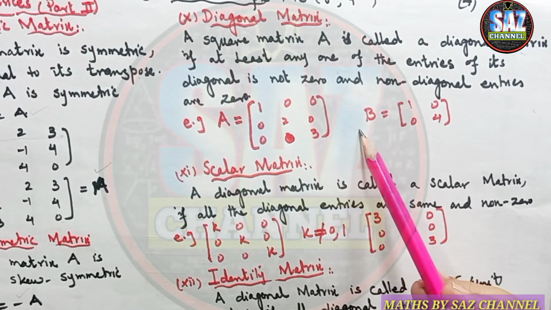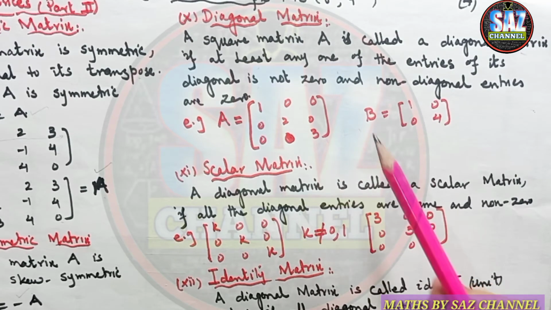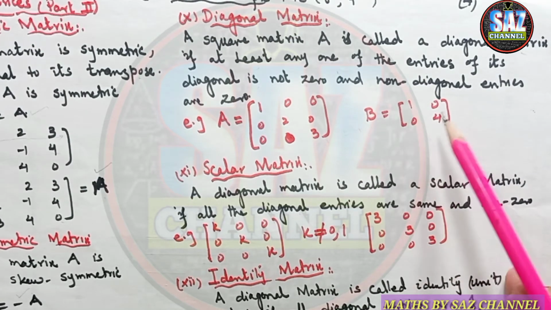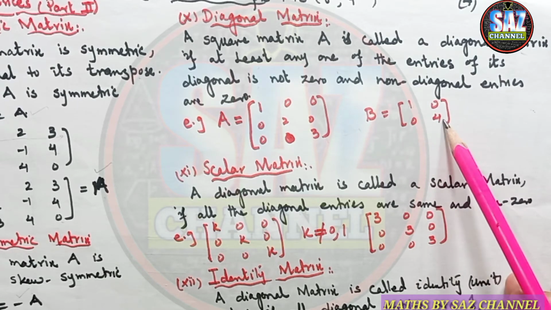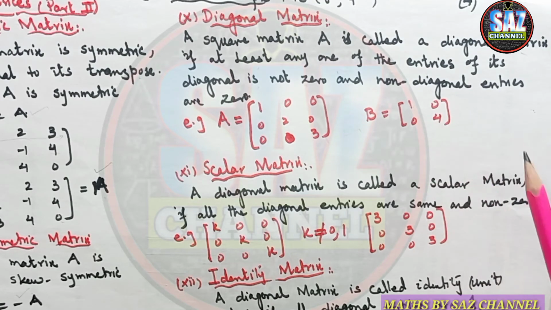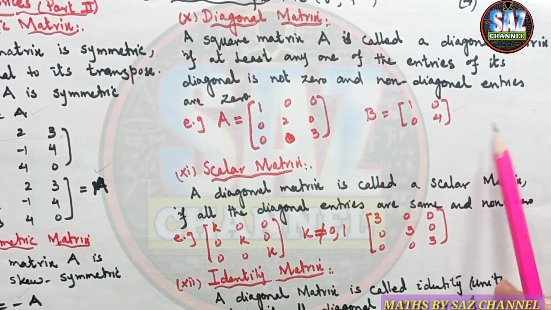This is a 3 by 3 diagonal matrix. And if we look at the next example, here we have the diagonal entries 1 and 4, they are non-zero and the rest of the entries are 0. So this is the idea of a diagonal matrix.